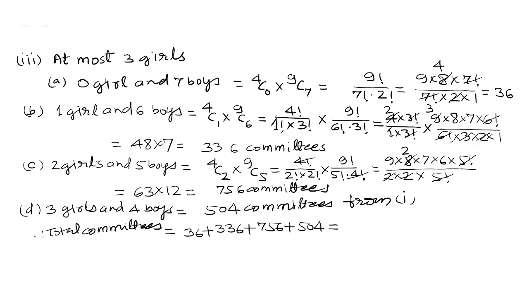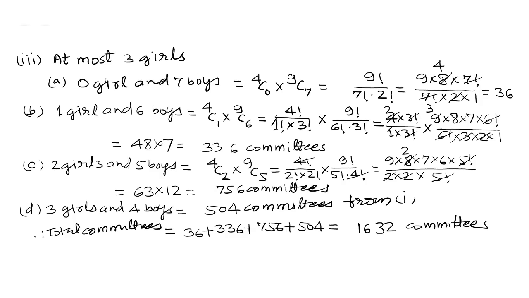So we write 2 and carry 2, then 3 plus 3 is 6 plus 5 is 11, and 11 plus 2 is 13. We write 3 and carry 1. 3 plus 1 is 4 plus 7 is 11 plus 5 is 16.